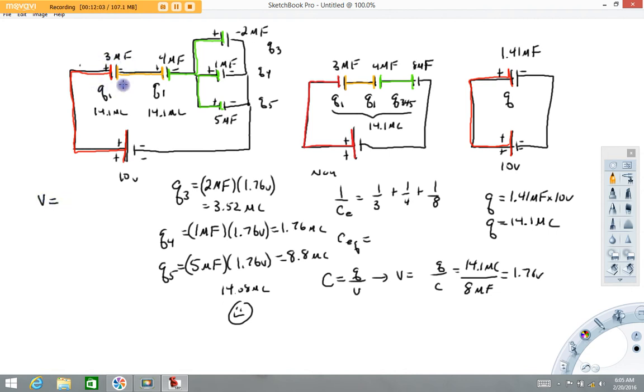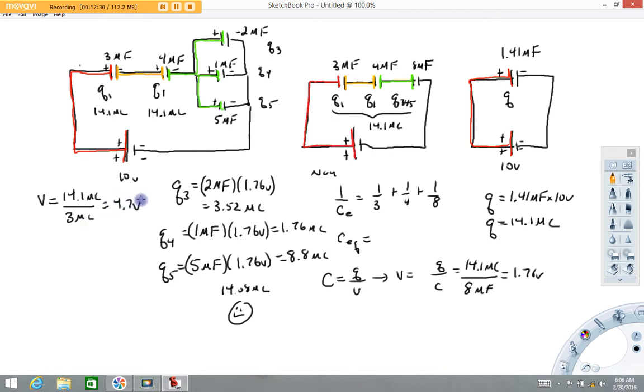The voltage, red to orange here, is going to be the charge, 14.1 microcoulombs, divided by the capacitance, 3 microfarads. And I get 4.7 volts.